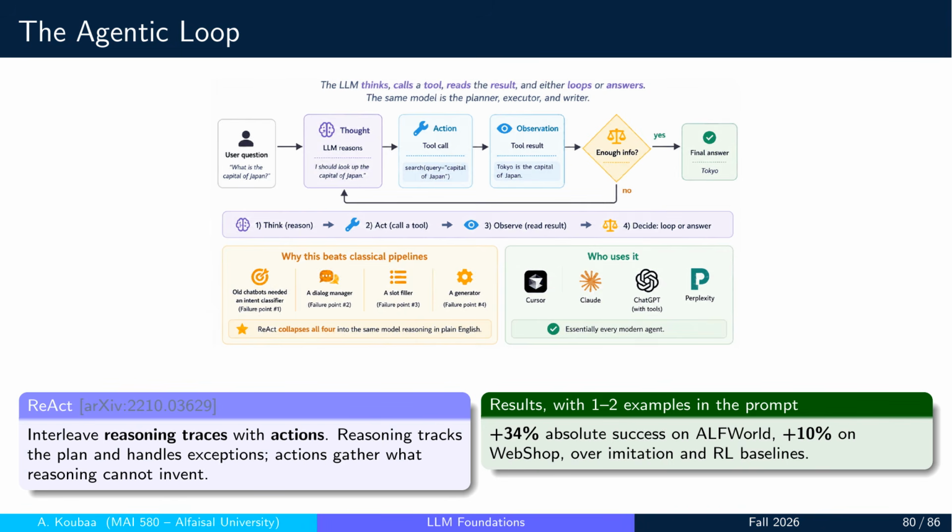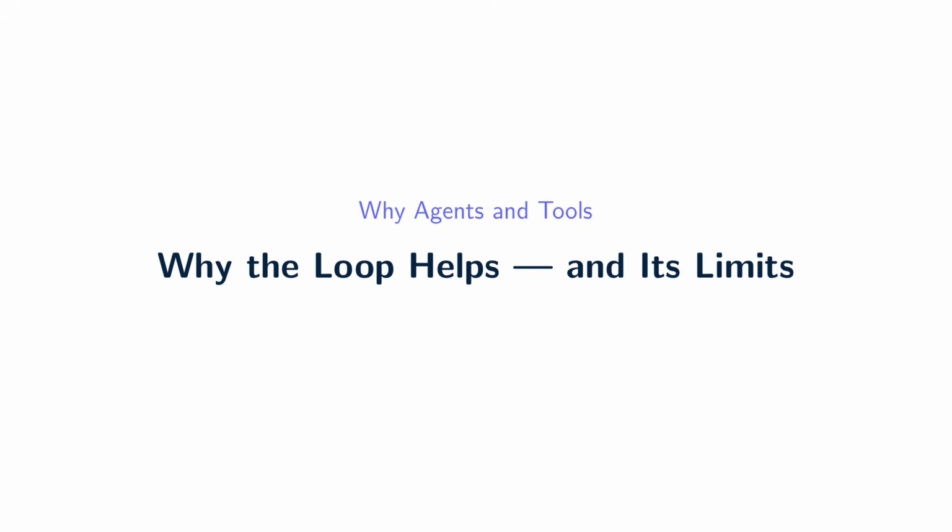What mechanism is doing the work here? In-context learning. The same capability from the GPT-3 slide. The loop was specified in prose, and the model followed it. That is the entire bridge between the first half of this lecture and the second. A loop is not automatically intelligence. It's a mechanism whose value must be demonstrated, and in a moment we'll look at when it cannot be.